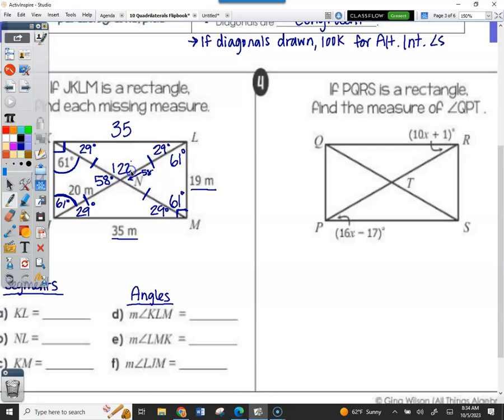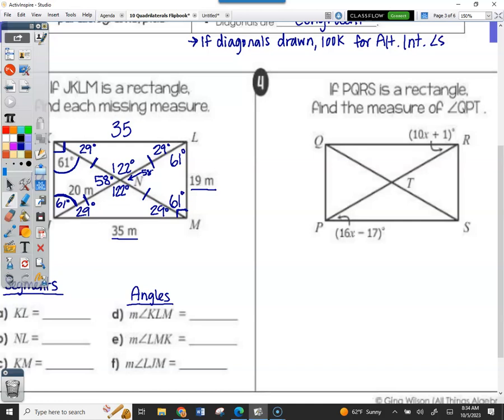Is it 122? So then what's this? Now I've just filled in that whole rectangle, and when I go answer the questions, it should be a piece of cake now.